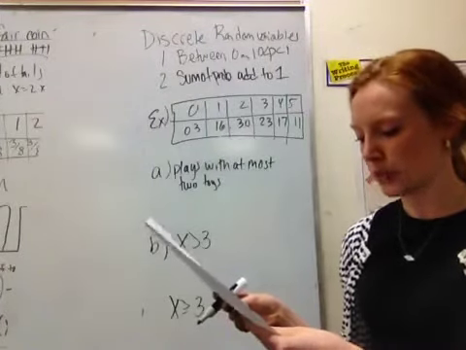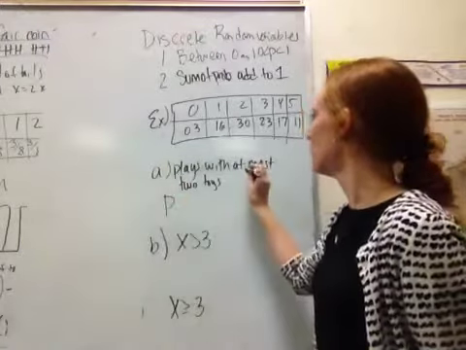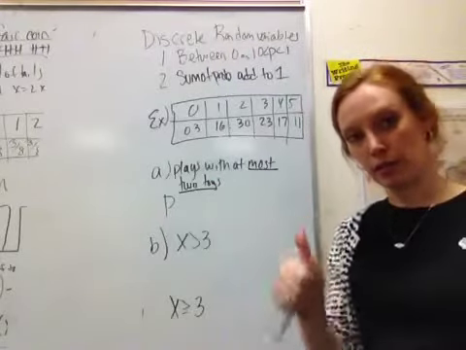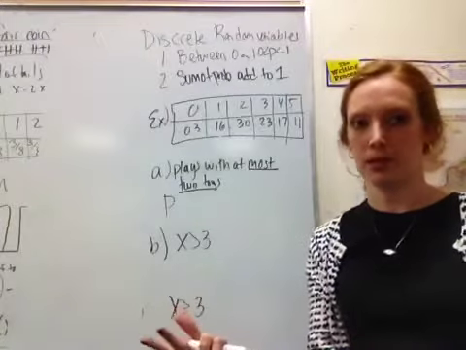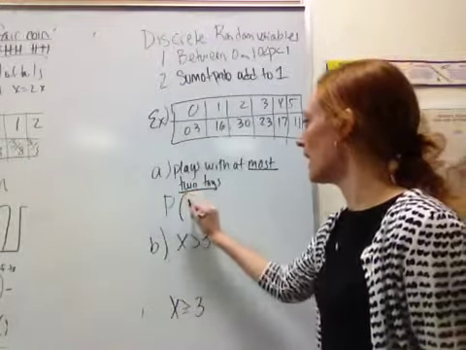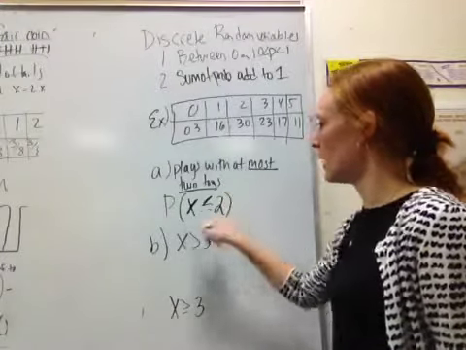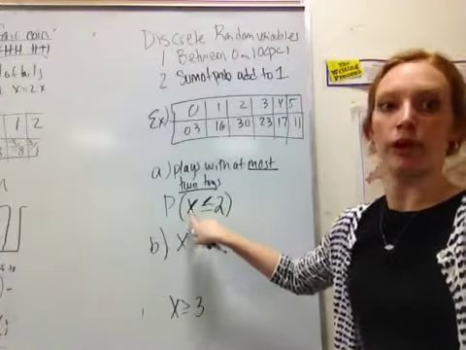Now we want to write the event "plays with at most 2 toys" in terms of X, and find the probability of this event. At most 2 toys means he could play with 0 toys, 1 toy, or 2 toys. 2 toys is the most he's going to be playing with. So we write that X has to be less than or equal to 2, implying that the probability is that it could be 0, 1, or 2.